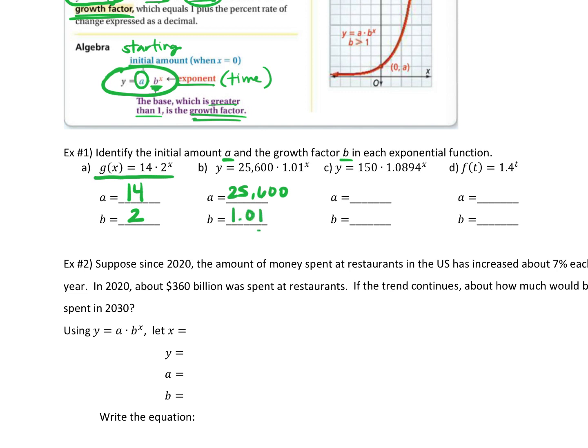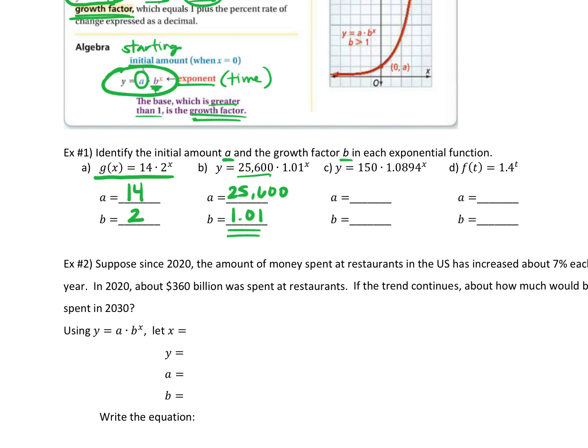What's your growth factor? 1.01. Okay, here's what I want you to think. The number 1.01 is basically saying it's 101% of what it started as. So after 1 year, it's 101% of 25,600. After 2 years, you take it to the second power. After 3 years, you take it to the third power.